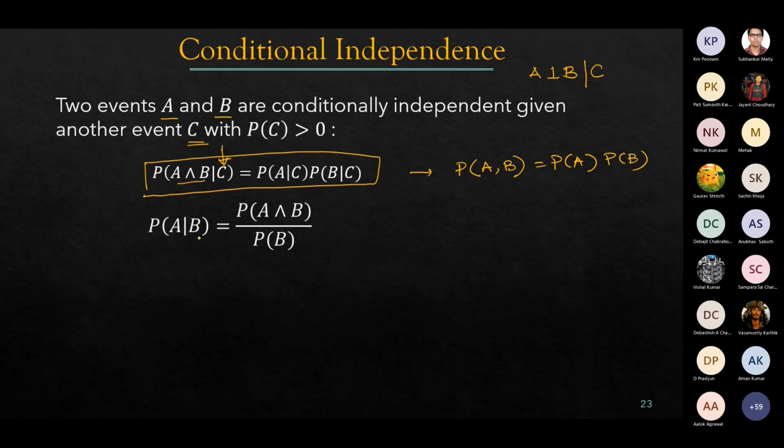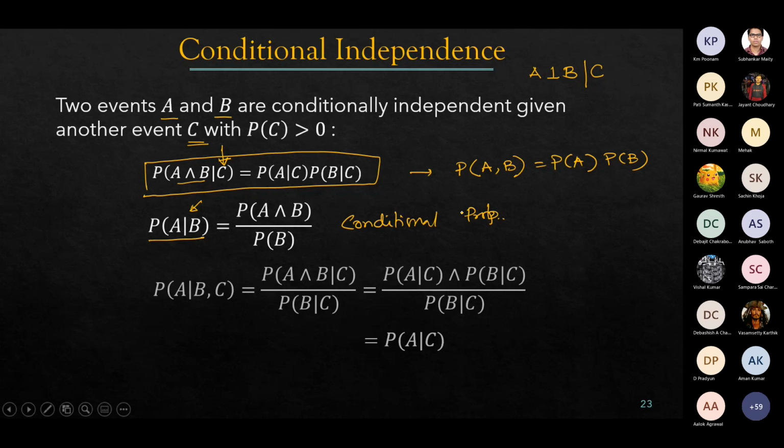Now, while we computed the conditional probability A given B, our computation was the joint probability divided by probability B. That is the value we get for probability A given B. So this is the formula for conditional probability. Now we can extend this by conditioning on two variables, not a single variable.